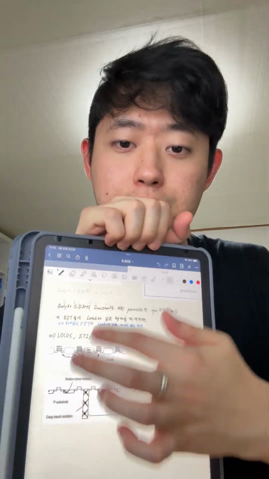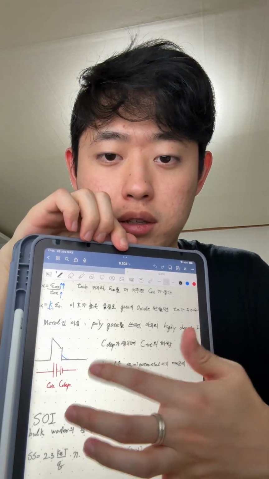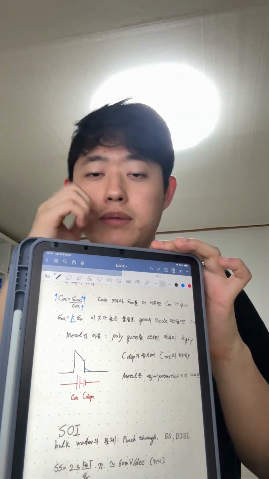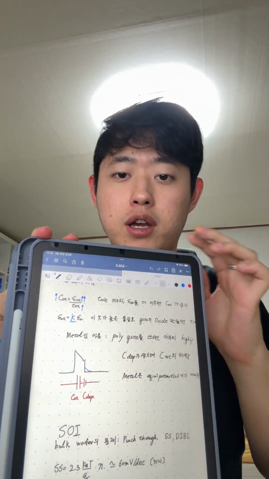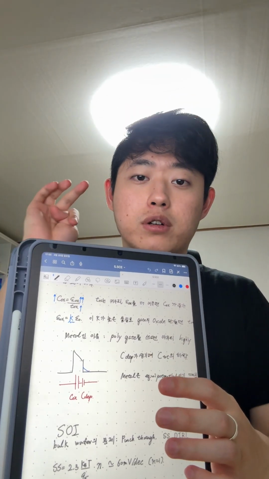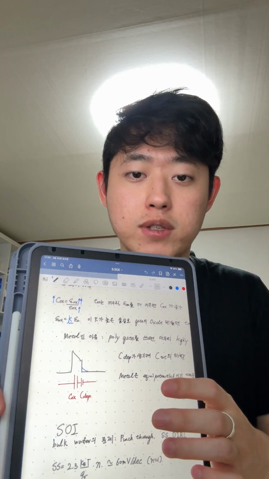So the constant of the permittivity, K, is very high, which avoids the quantum tunneling while growing the capacitance of the oxide.